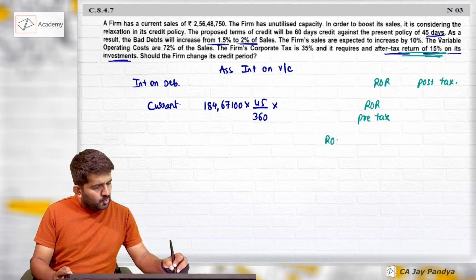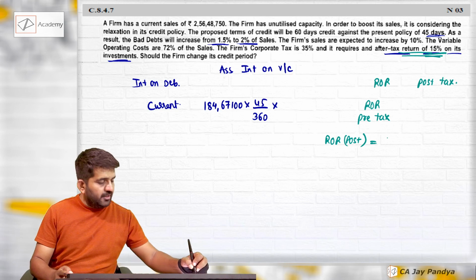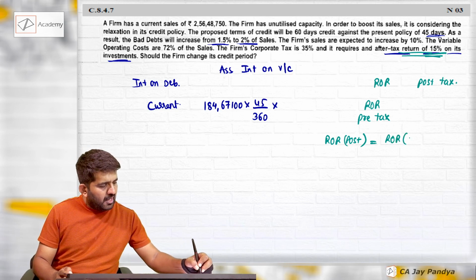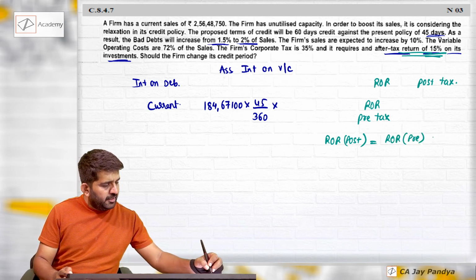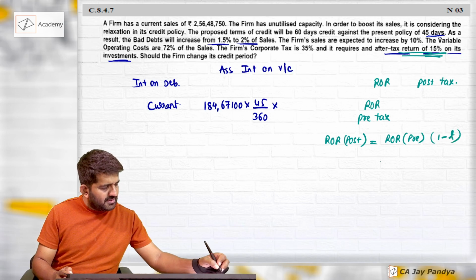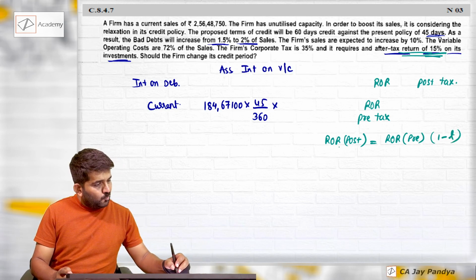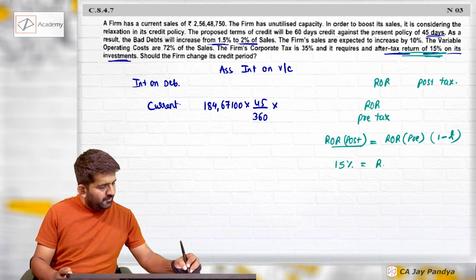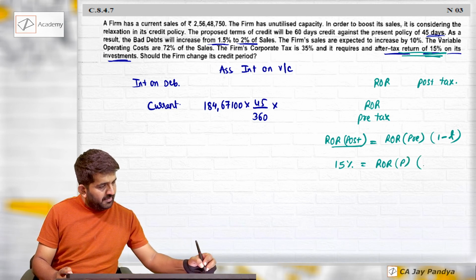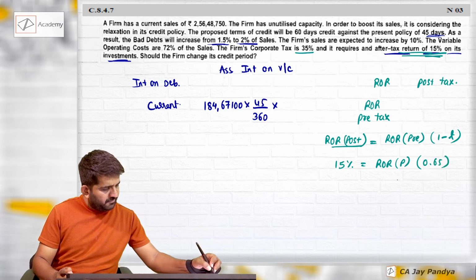If I want to make ROR post-tax, how can I do it? ROR pre into 1 minus T. We have ROR post, 15%. I want ROR pre. What is 1 minus T? Tax rate is 35%, so 1 minus T is 65%.